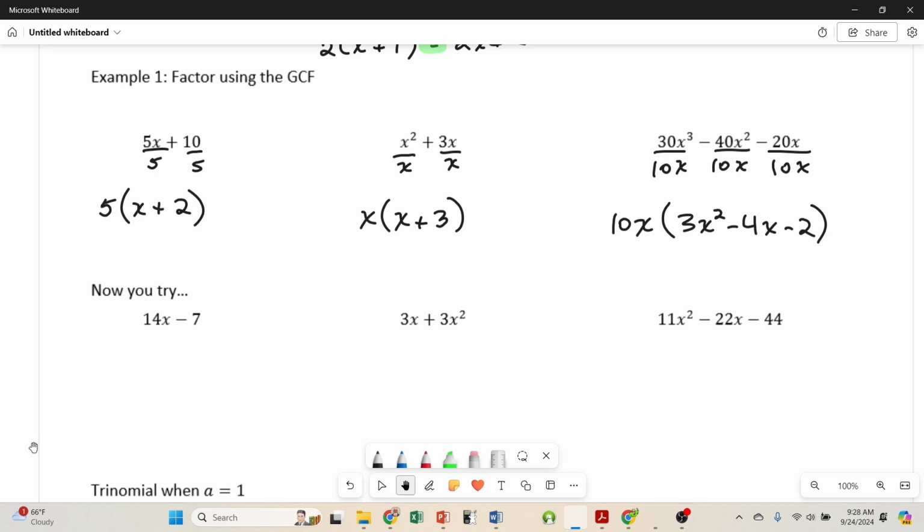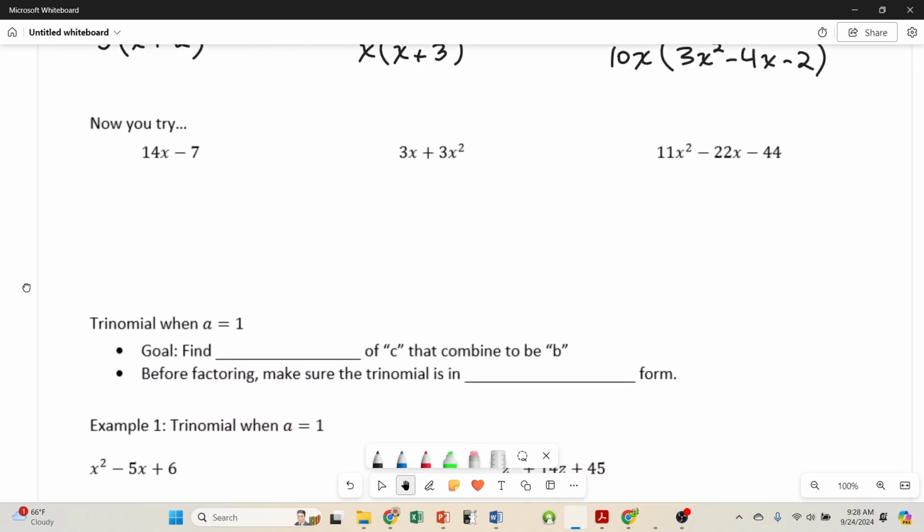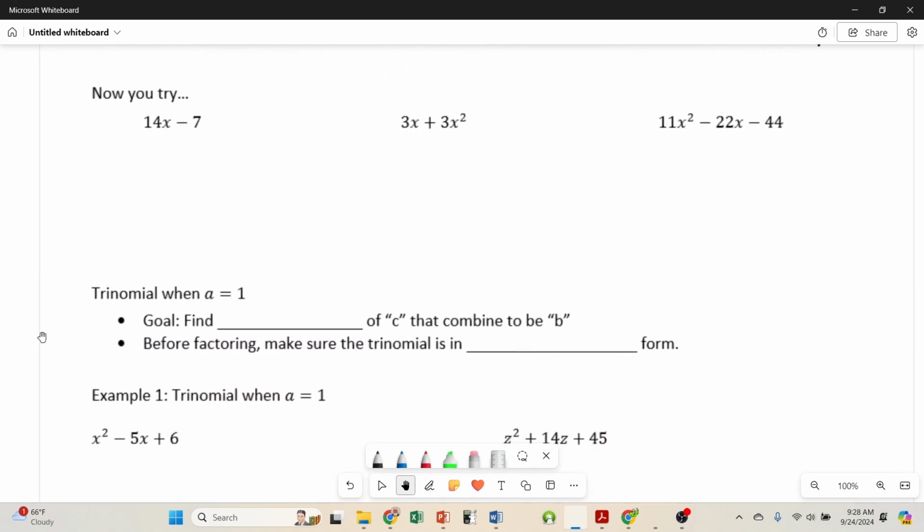So you go ahead and try these, and let's see how you do. Alright, now that you've had a chance to work these, let's see what you got for answers. 14 goes into both. So this will be 14 up front, and x minus 2.